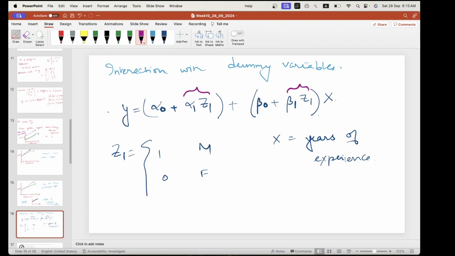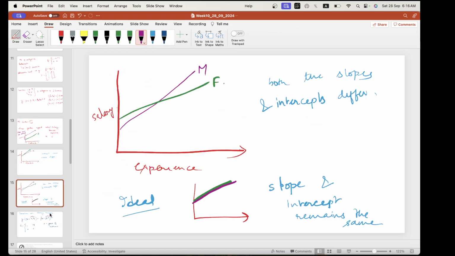So now if I put in values of 1 and 0 over here, then testing different hypotheses would lead to these different graphs.